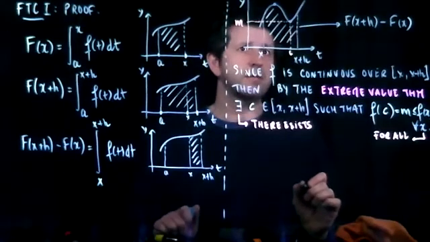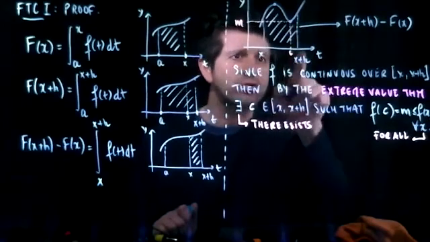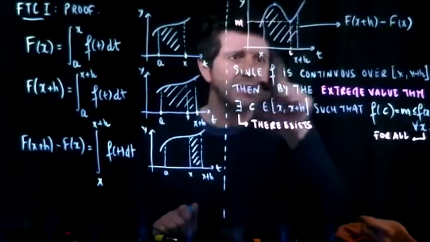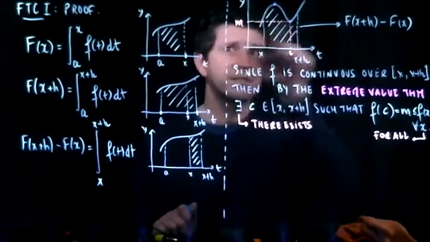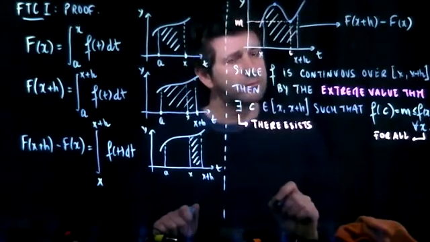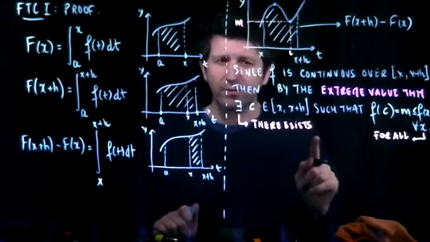That's all I'm saying. So since it reaches a minimum, there's for sure some place between x and x plus h, I'm going to call it C, such that f of C is equal to that minimum value. Is this okay or not?